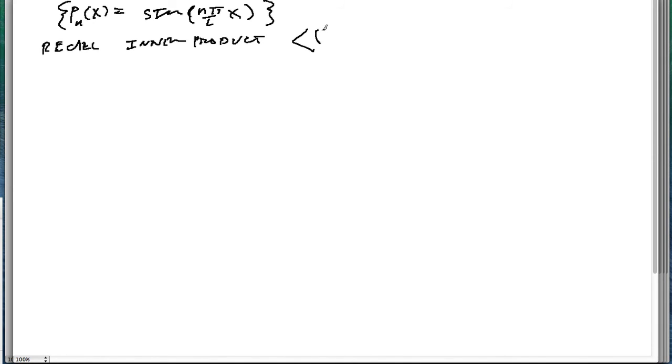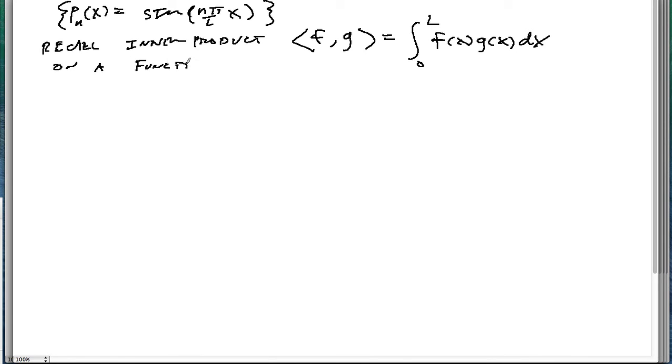We'll say that <f, g> is equal to the integral from 0 to L of f(x) g(x) dx. That is a nice function, an inner product on a function space. So provided this integral exists, we can integrate f and g and their products over this interval 0 to L.